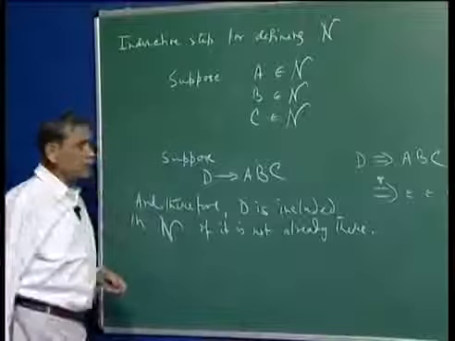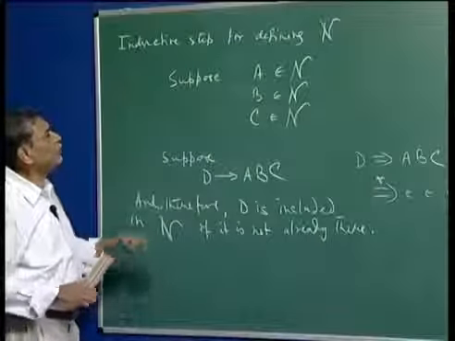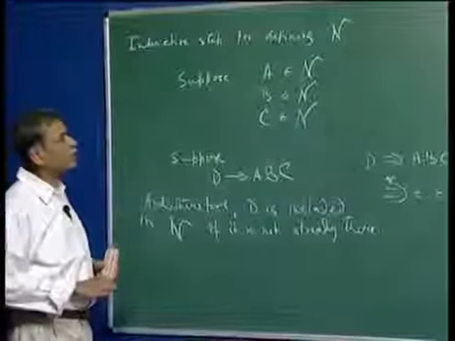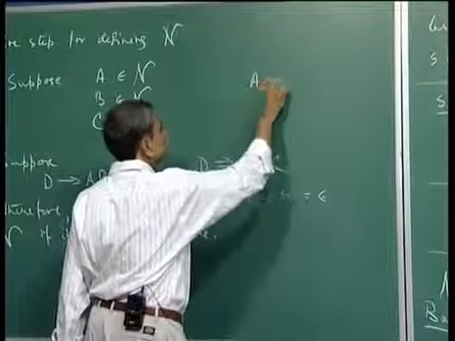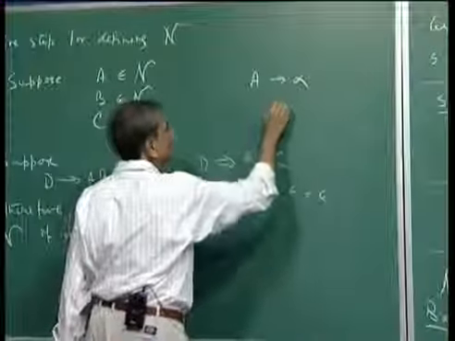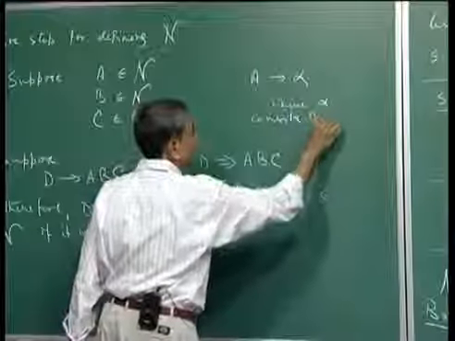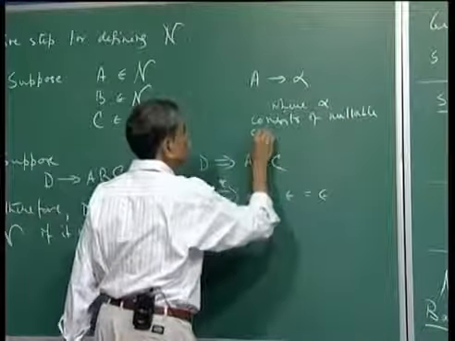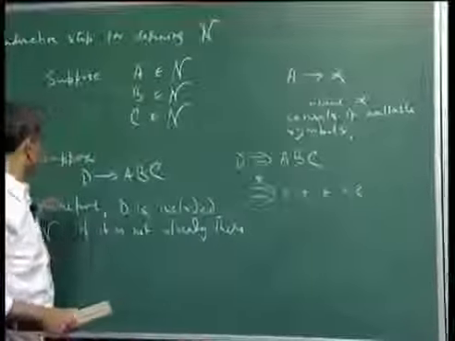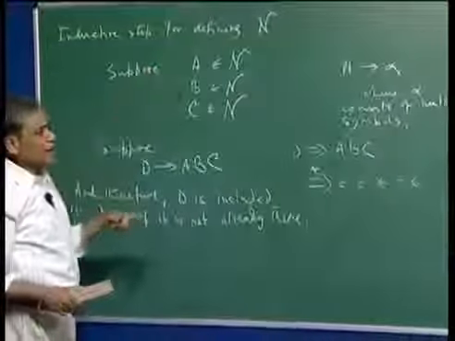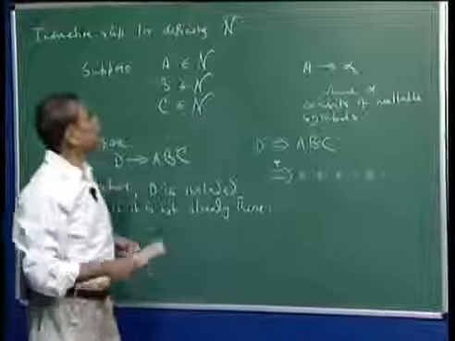And then the algorithm will examine every production, and if it comes across a production of the kind A goes to alpha, where alpha consists of nullable symbols, then we check if A is there already in the set N. If it is not there, then we include this new non-terminal into N.